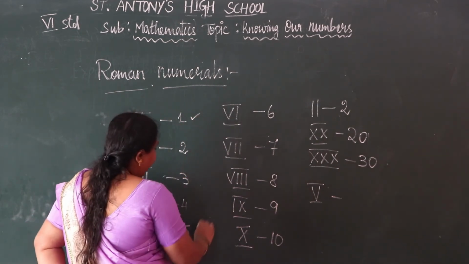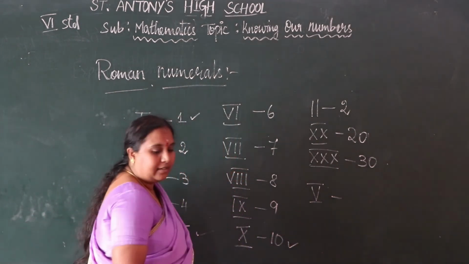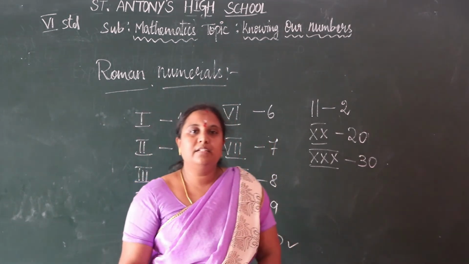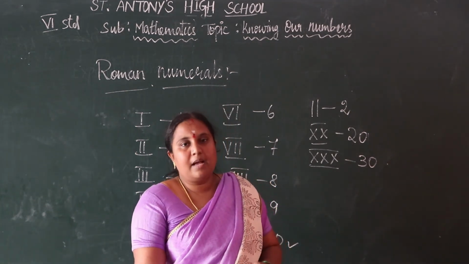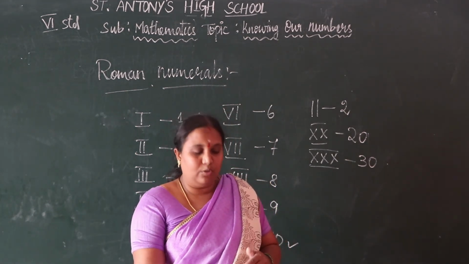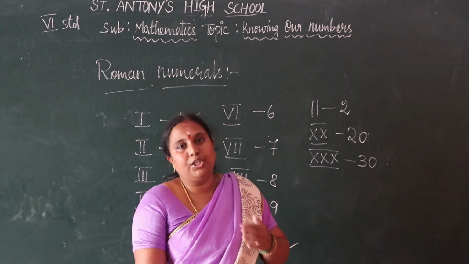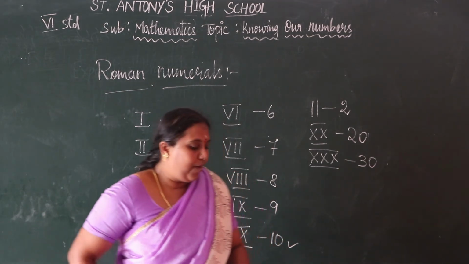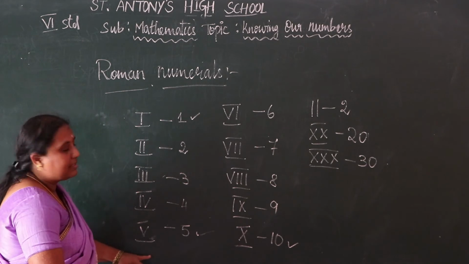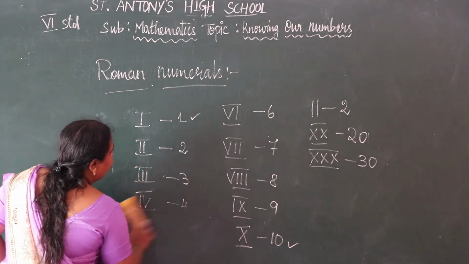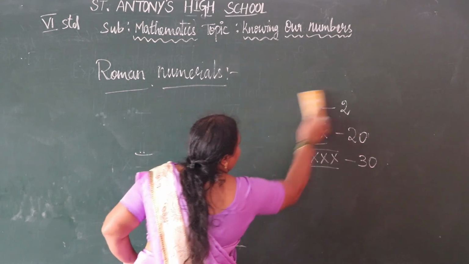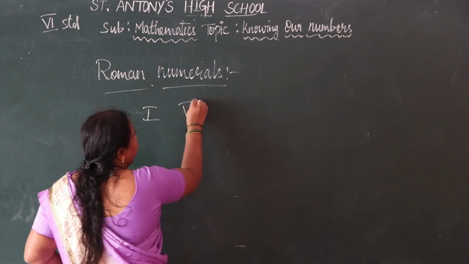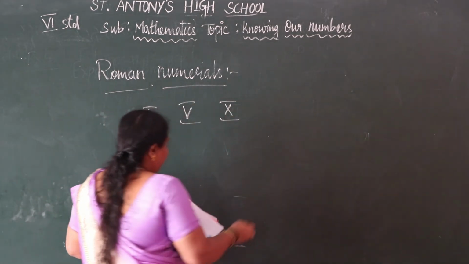See 1, 5, 10. Okay, and then 50, 100 is given in your textbook. Okay, so in the textbook examples are given for Roman numerals for you. So you should write that in your rough notebook to learn. So 1 to 10 is here, and 1, 5, 10.